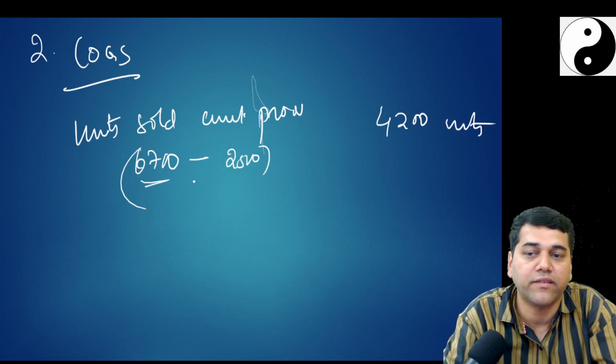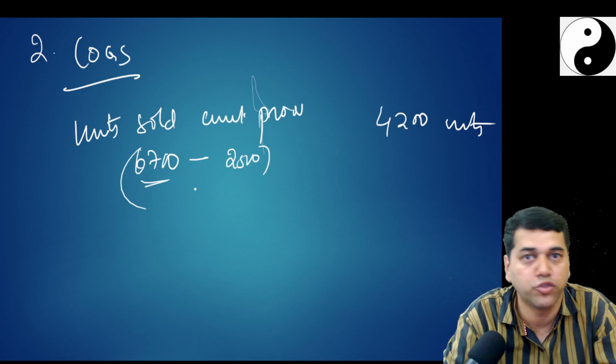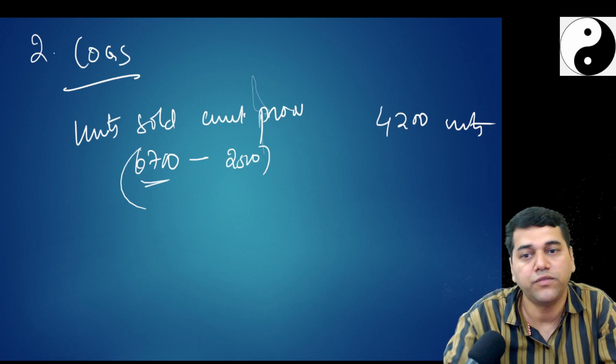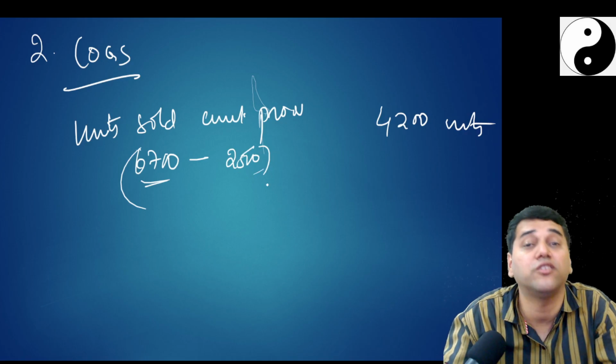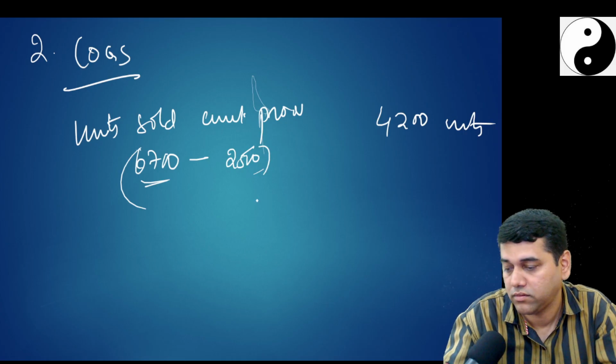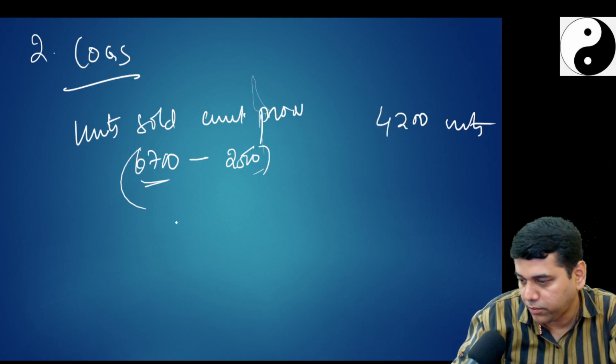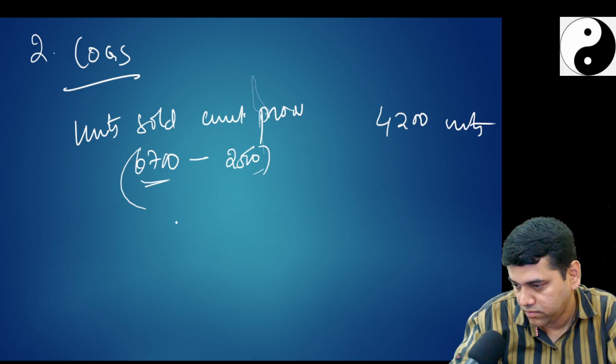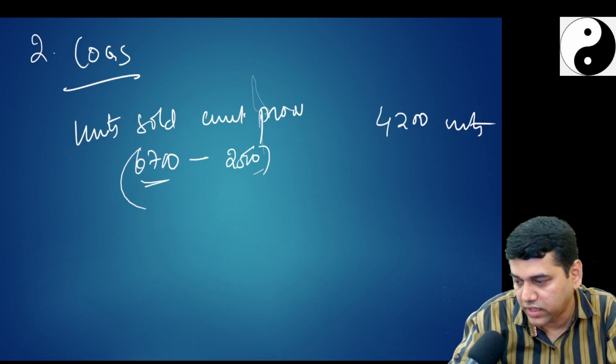See, 6700 is the total units produced during the year. Out of this, I think 2500 is the closing stock. No. Do you have any opening stock there? 2300 opening stock.